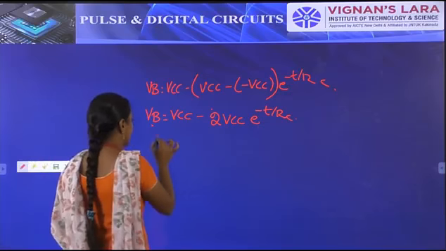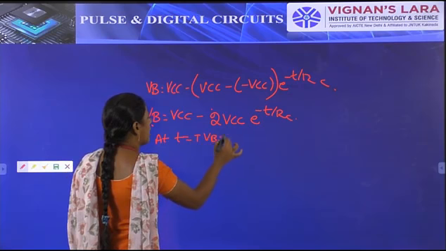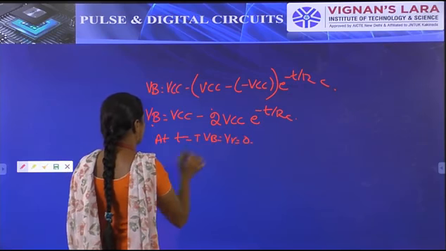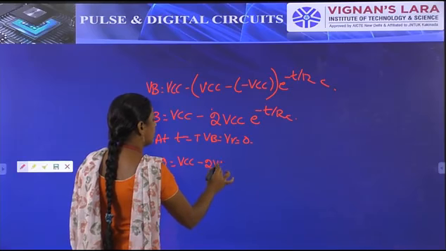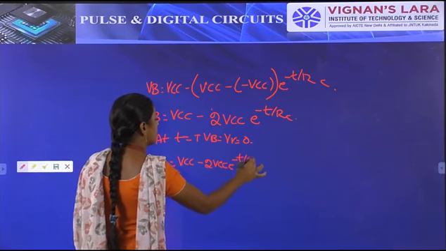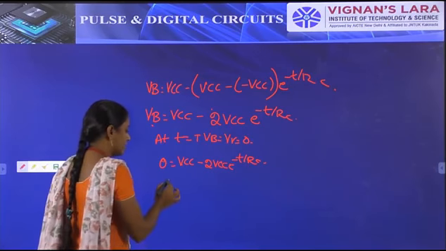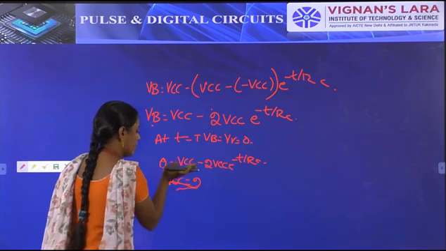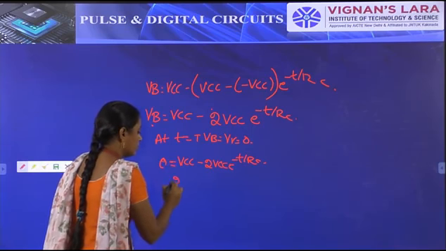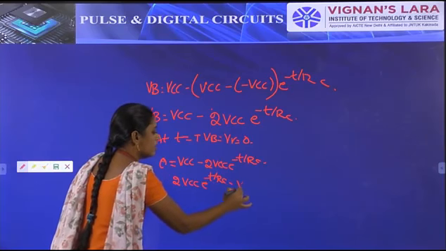So just at t is equal to capital T, VB is equal to V gamma, which is equal to 0. Just substitute the 0 here, that is 0 equals VCC minus 2 VCC into e power minus t by RC, and take this 2 VCC to the left hand side: 2 VCC into e power minus t by RC is equal to VCC.